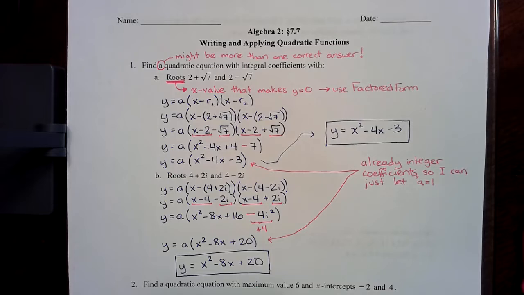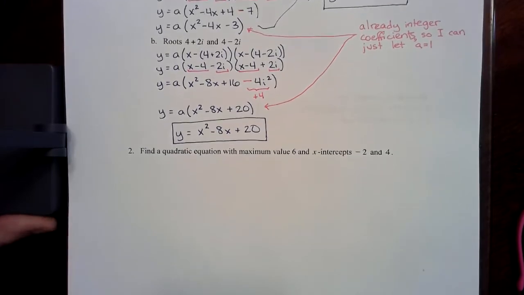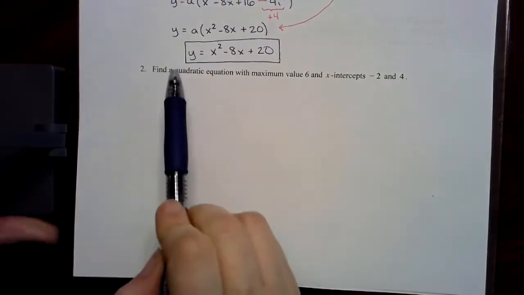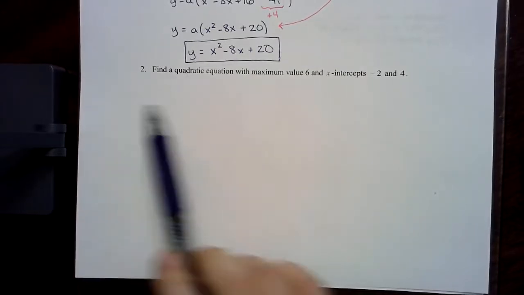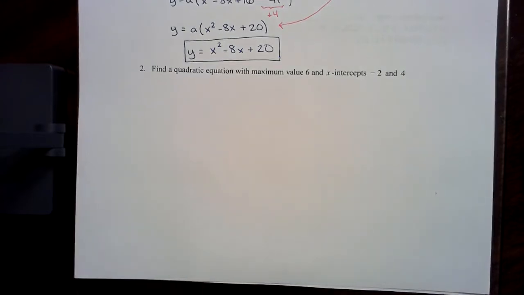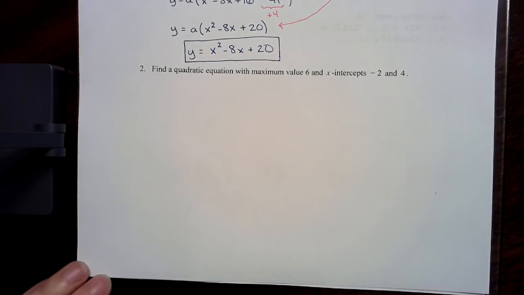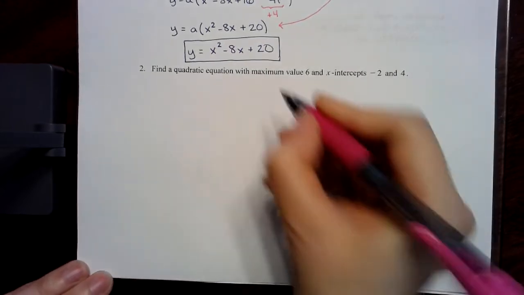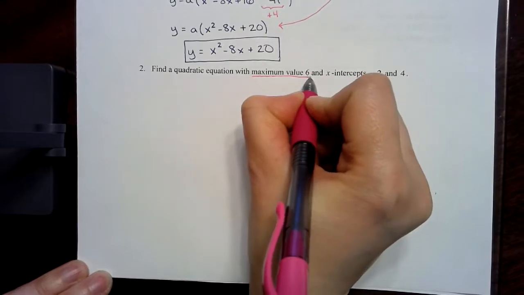So let's move on to part C, number 2. One of the differences here, we're still looking for a quadratic equation, but now we're not told that we need to have these coefficients be integers, but we are given some more information. So let's talk about what it means for a quadratic to have a maximum value.